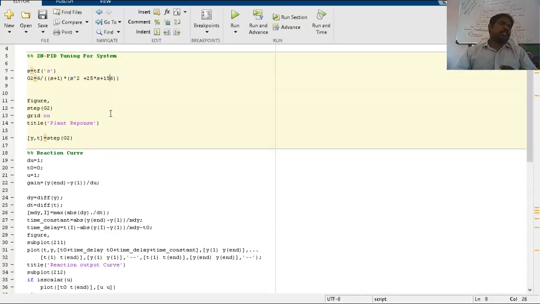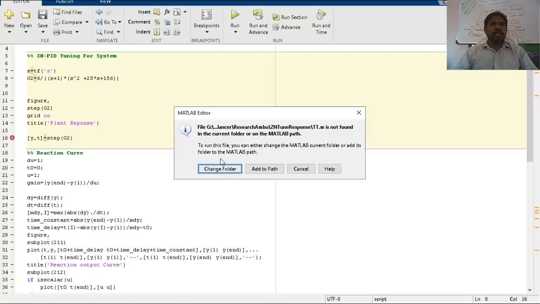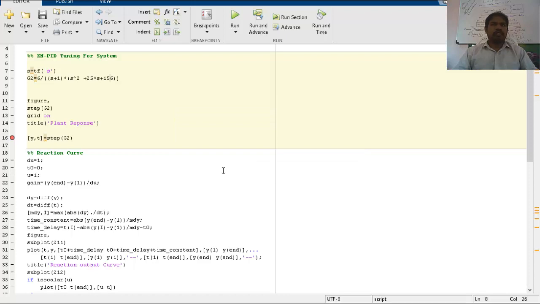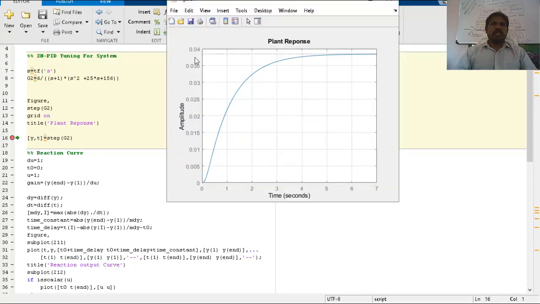First of all, we display the plant response without the controller. When you see this, we saw the graph of the step response. Instead of reaching one, it reaches about 0.04, a partially stable system, settling at around 7 seconds.